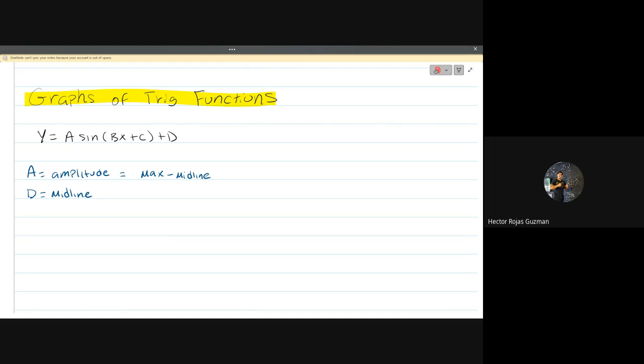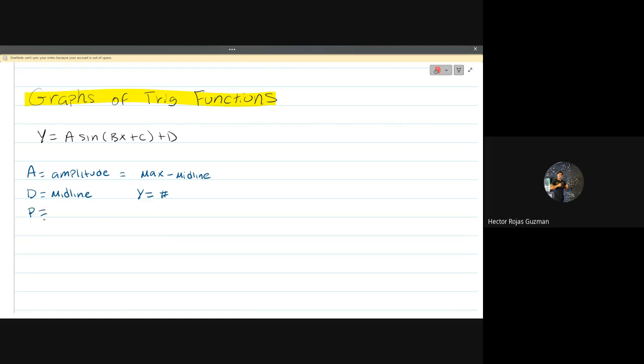In almost every single problem, it's super easy to find the midline. It's just the line that goes through the middle of the graph. Let's just keep it simple. That's it. Y equals some number, which goes through the middle of the graph.